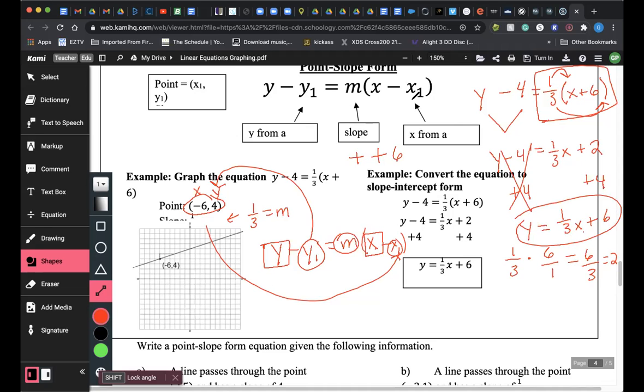All right, so point slope form, or this point slope equation, helps you when you are having to work backwards, essentially. So you're given the slope and you're given a point, and they ask you, what is the equation of this line? This is what you do to work backwards.